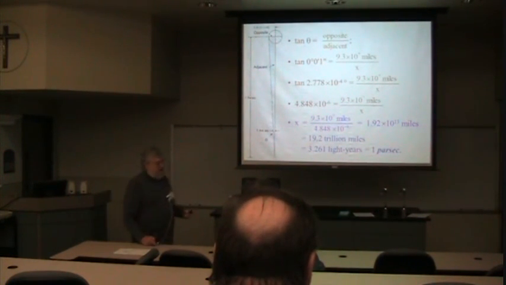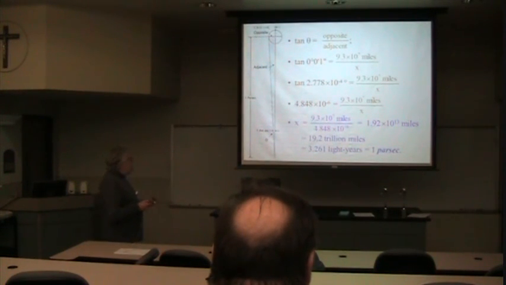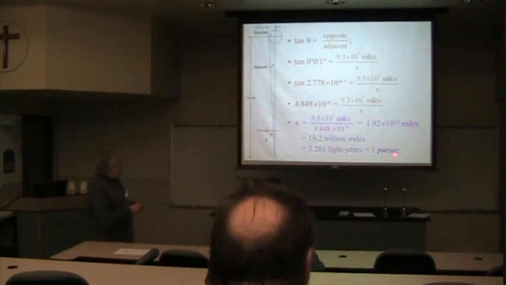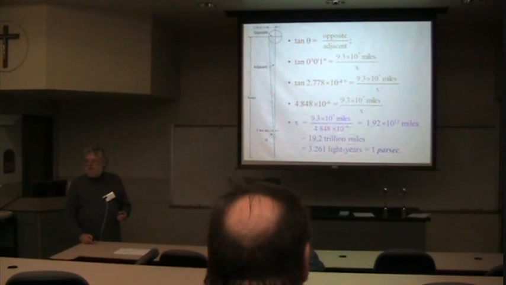And knowing from previous knowledge that we won't go into tonight, that a parsec is 3.261 light years, we can see that 19.2 trillion miles, or 1 parsec, is equal to about 3 1/4 light years.